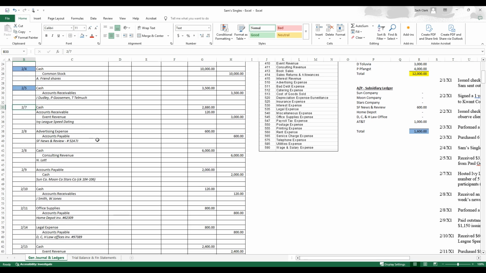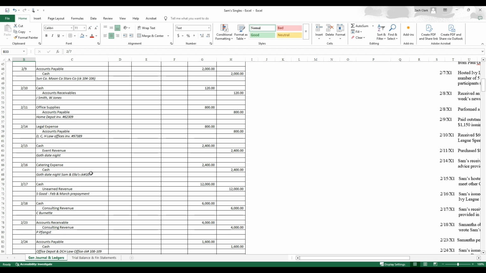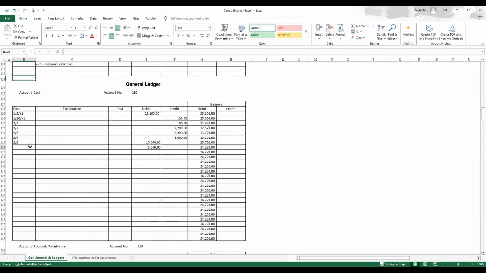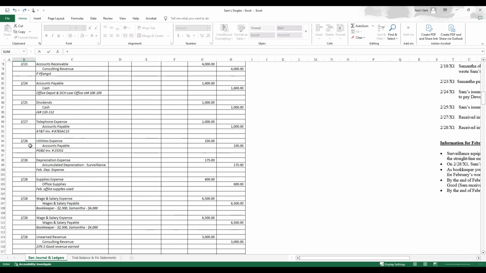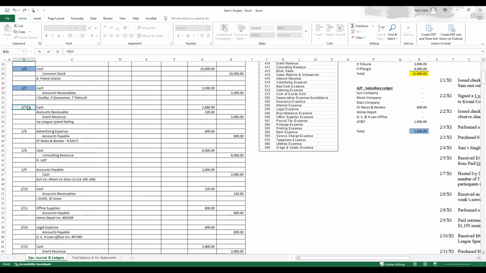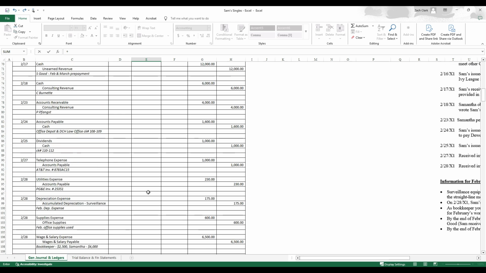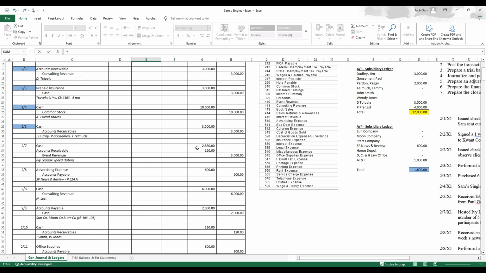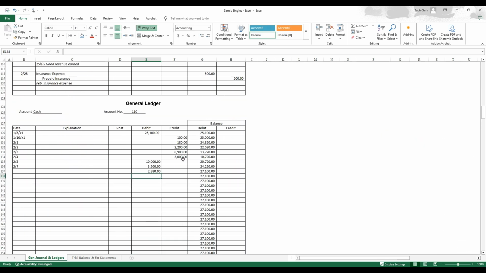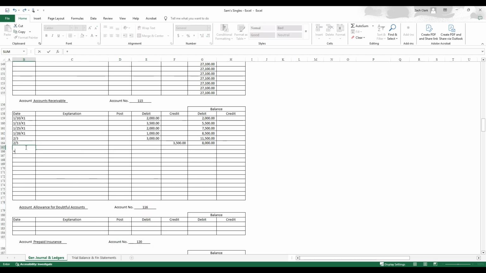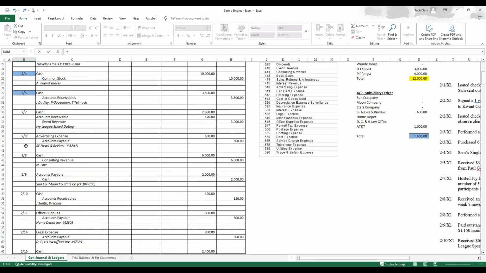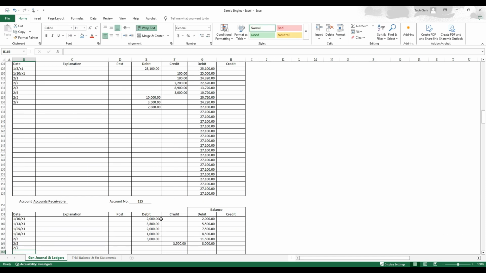And now we've got some cash, AR, and revenue. Increase, so a debit to cash. An increase in AR. $120.